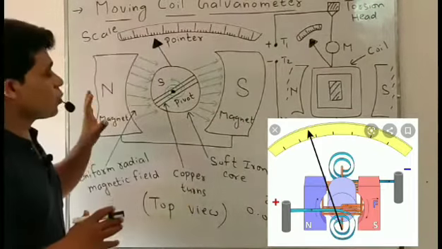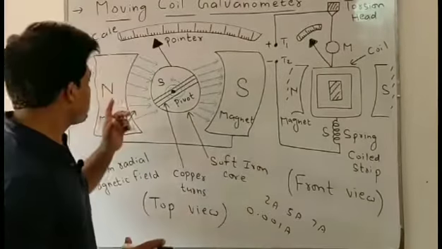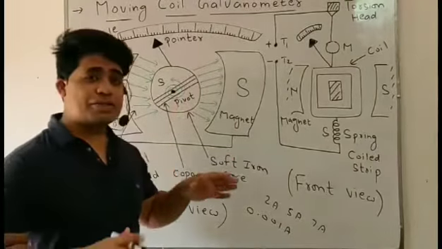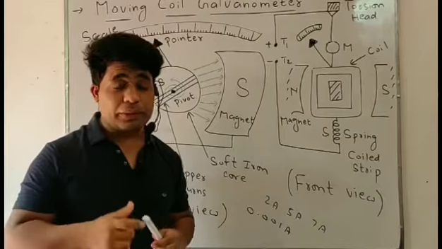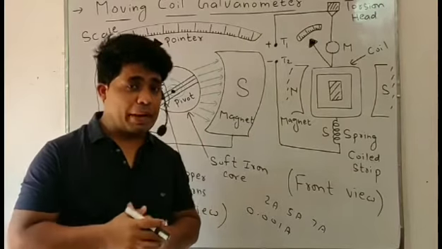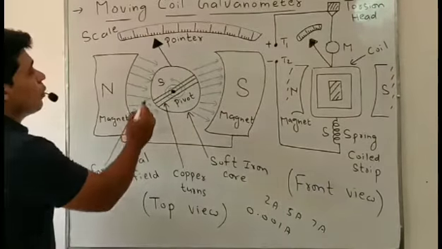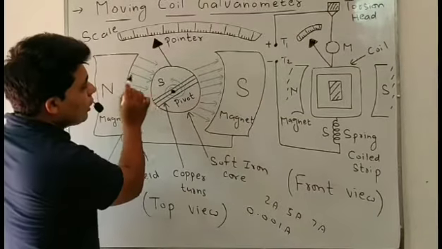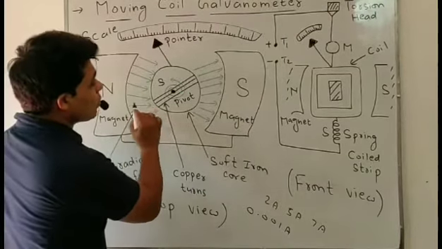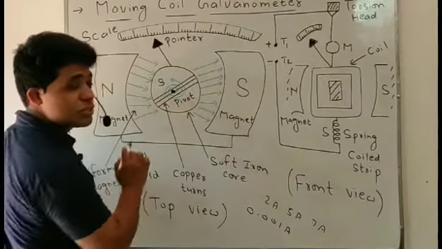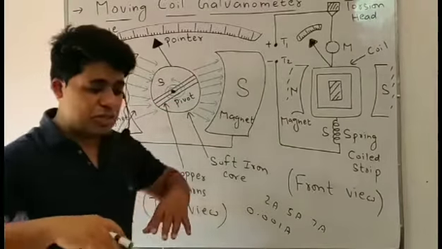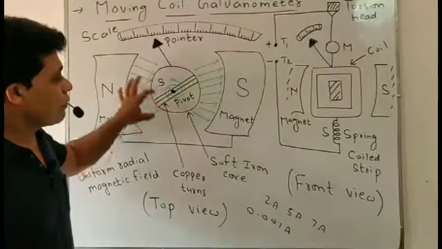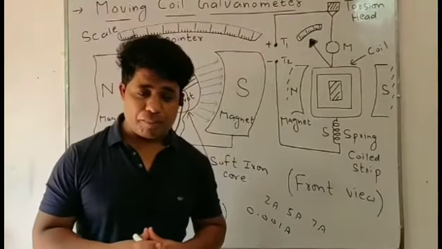So the question arises, why do we use this curved, cylindrical magnet? Actually, it produces a radial magnetic field. In this type of magnet, all the magnetic field lines move towards the center. Such a magnetic field is said to be a radial magnetic field.